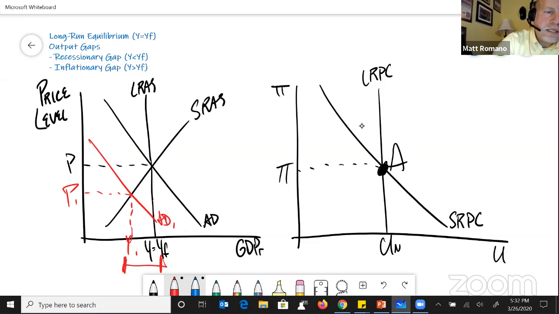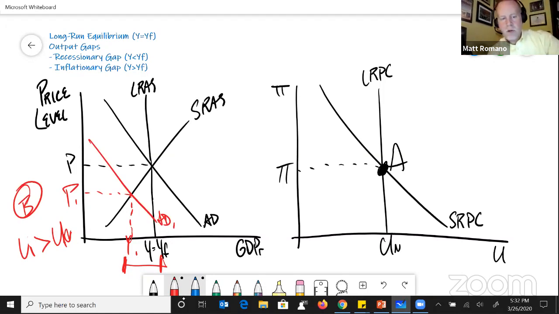And at that point, we know that the actual rate of unemployment is going to be greater than the natural rate of unemployment. So if I'm calling this point B, how do I show that over here on our graph of the Phillips curve? Well, I've got to identify a point, a macroeconomic equilibrium, where the unemployment rate is greater than the natural rate. That's going to be over here.